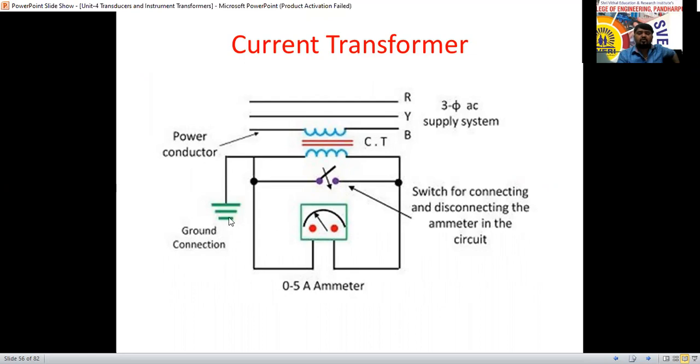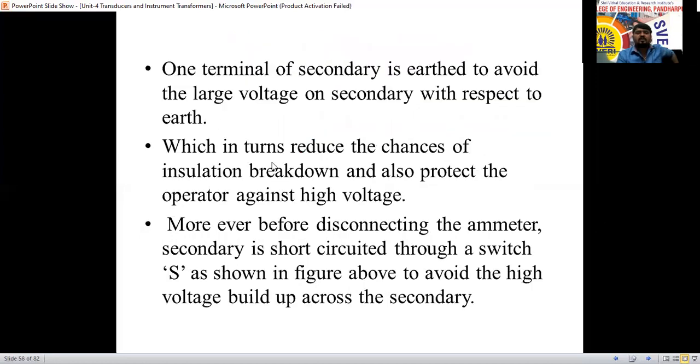If it is more than that, the excess suddenly goes to the ground, which reduces the chances of insulation breakdown due to high voltage. To avoid that, we have used the grounding terminal.